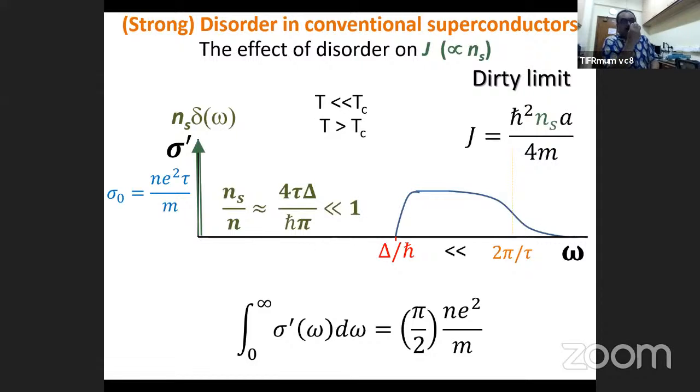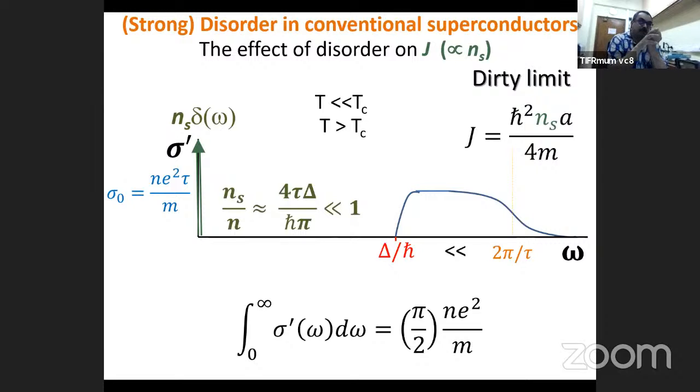So therefore, since J is directly proportional to Ns, this means that at some point, if I keep on putting disorder, then I can drive the J to be very, very small, provided by that time delta also does not decrease.